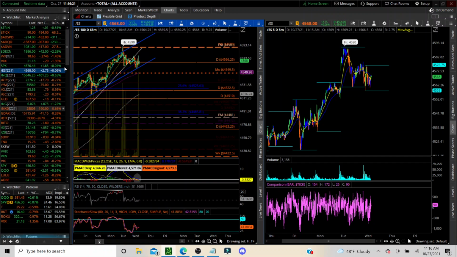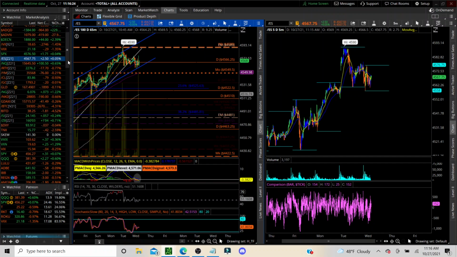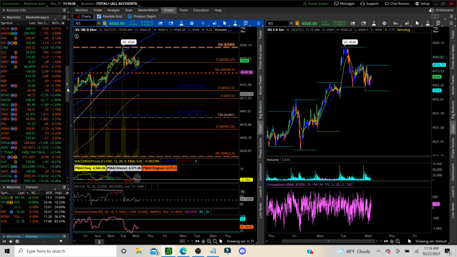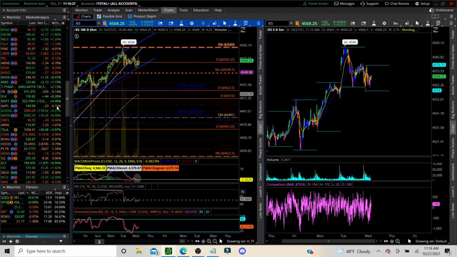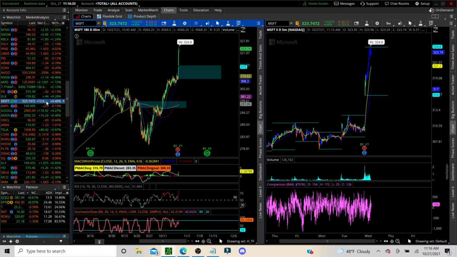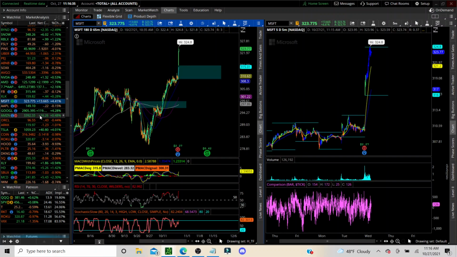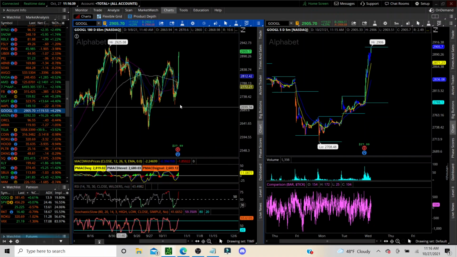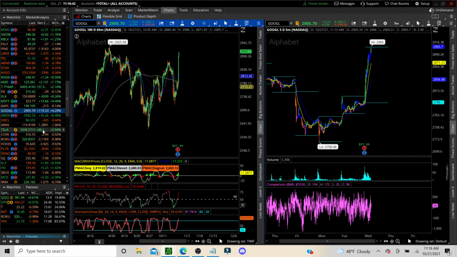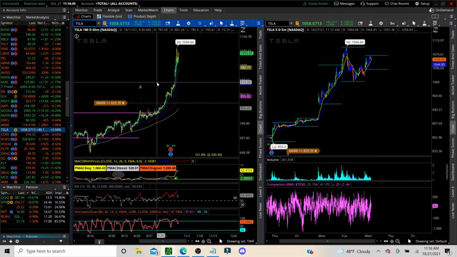So what we're looking at is we had earnings with Microsoft and Google last night, and they're just massively ramping up and holding the whole market by themselves, along with Tesla. And we all know what Tesla's been doing, just pushing up. Tesla is having an inside day.